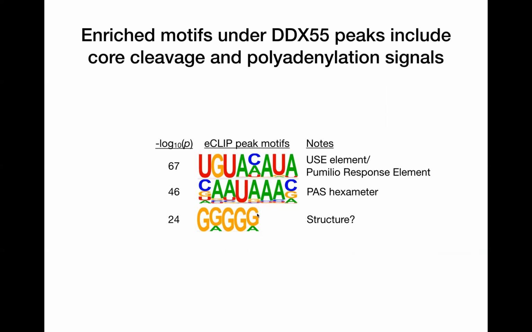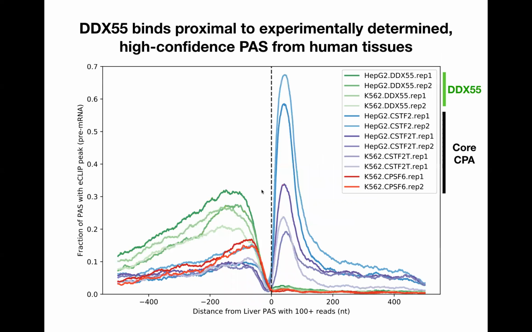So it's not surprising when we look across experimentally determined polyadenylation sites from human liver that we see binding patterns like this, where DDX55, shown in green, is binding to many, many of these experimentally validated polyadenylation sites right near the cleavage site, in a manner that's comparable to other core CPA machinery binding events. So this gives us some confidence that this might be a direct regulation, not purely indirect.